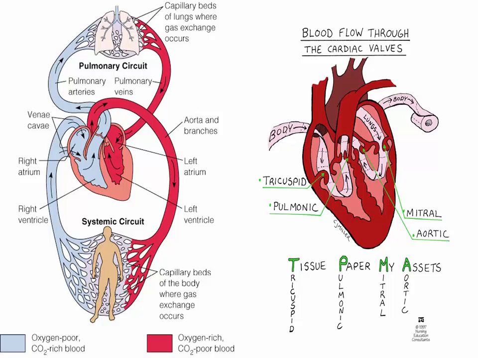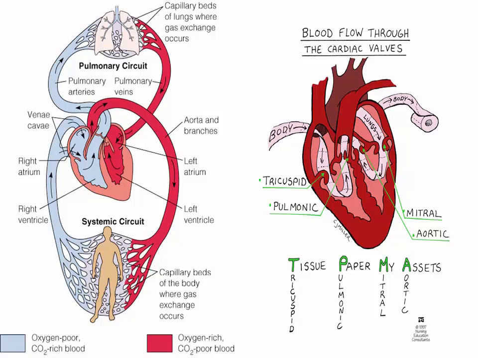We also need to think about the factors that control blood pressure. And some of the primary factors affecting blood pressure, or affecting peripheral vascular resistance, which is going to impact blood pressure, include the viscosity of the blood. How thick is it? Because the thicker it is, the harder it is to move around.